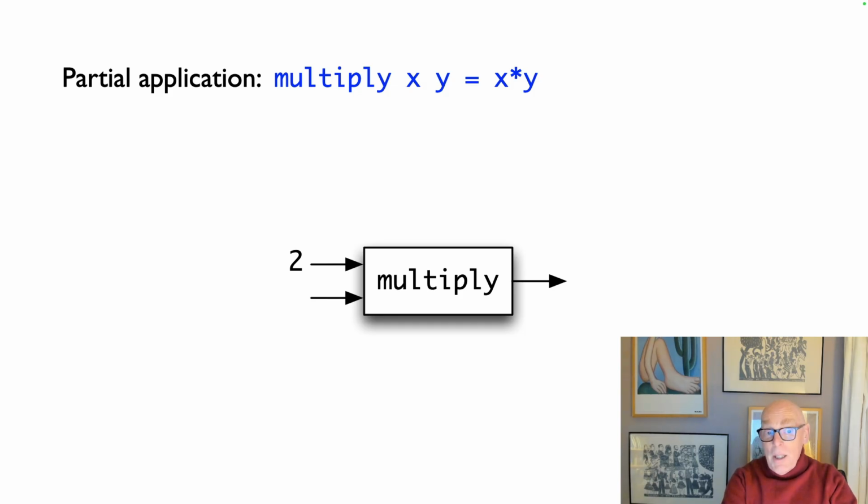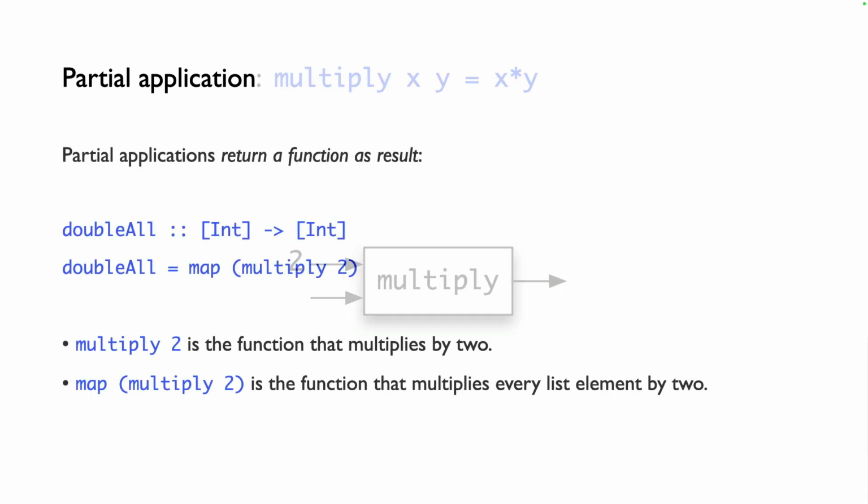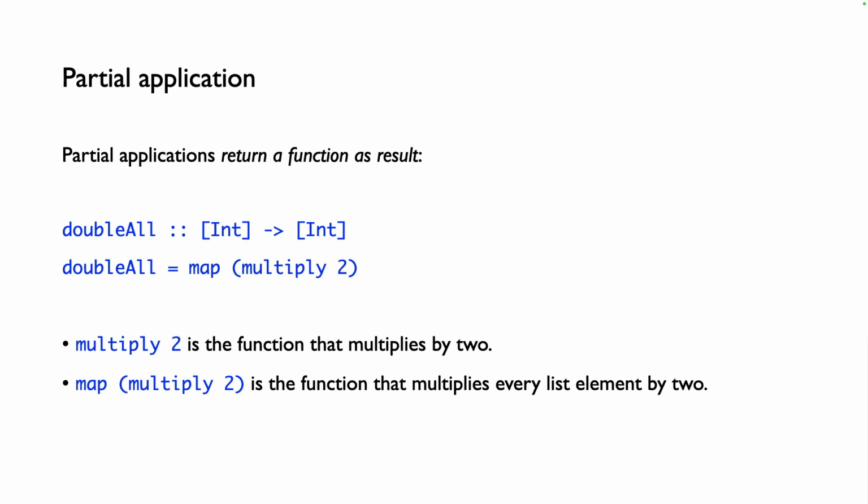So the partial application of multiply to 2 gives us back the function that multiplies its argument by 2. So if we make a partial application, then we get a function as a result.